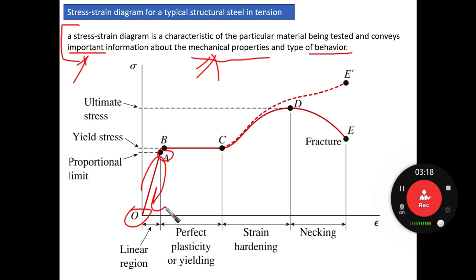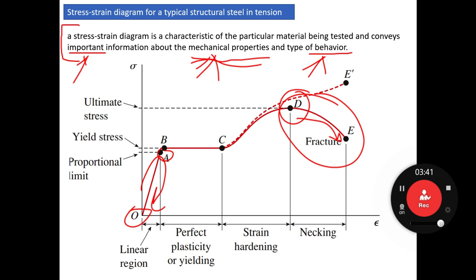This is a kind of mechanical property that we cannot understand unless we draw this stress-strain diagram. At the same time, it tells us the behavior at different levels. For example, from point D to point E, this shape of the curve is telling us that necking is going to happen.